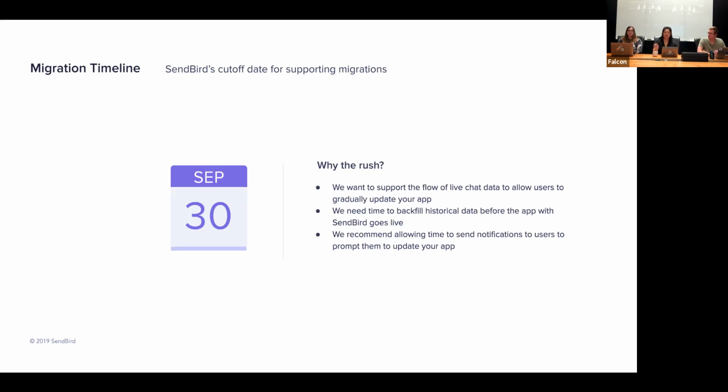The SendBird team needs a little bit of time to convert your historical data from Layer to SendBird and upload it to SendBird server, and allow your team to have time to QA that data and make sure everything looks good. We recommend allowing some time to actually send out some notifications to users to prompt them to update their apps in case they don't do that naturally.